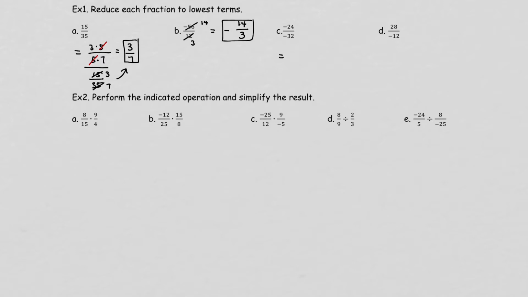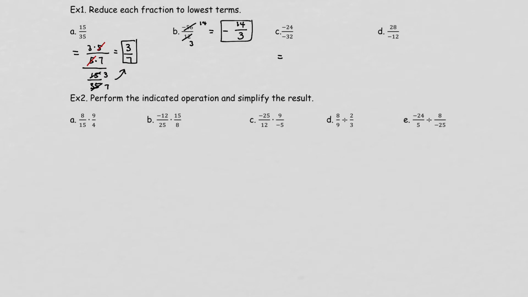And 24, 32, you have 8 in common. So you should be able to reduce by 8. So you will say 8 goes into 24 3 times, 8 goes into 32 4 times, which leaves you 3 over 4 for that problem. What about this one?